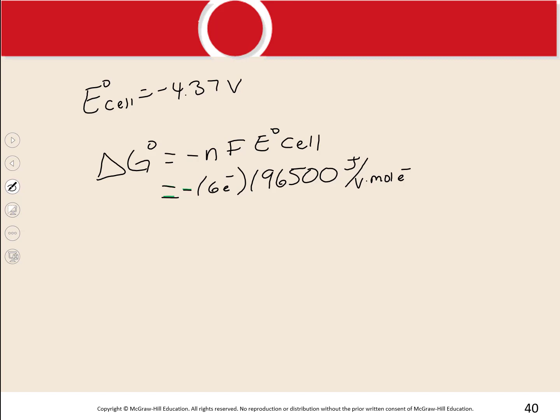And then E standard of the cell we just calculated to be negative 4.37 volts. Put all those together and see what we get.